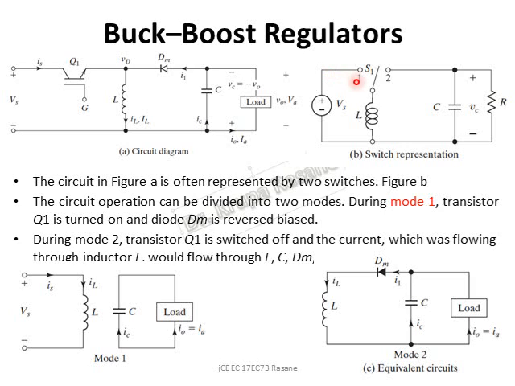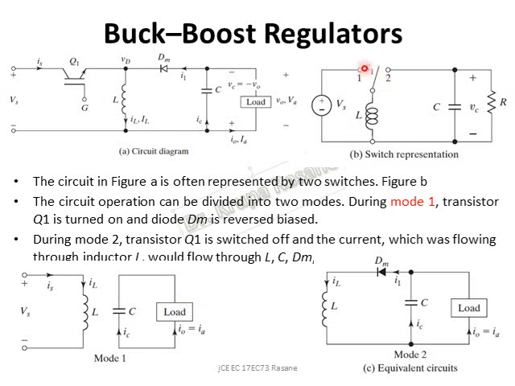During mode 2, when the switch is in this position, the transistor Q1 will be switched off and the current which is flowing through the inductor will flow through L, C and the DM. So these are the two modes of operation.